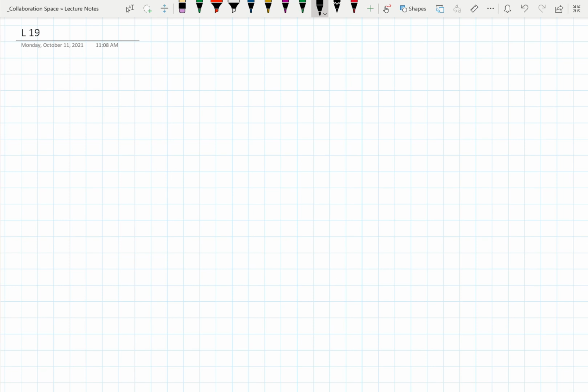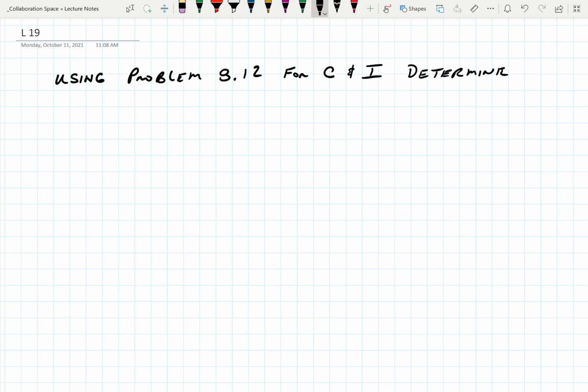If I can get my mask to stop fogging up my glasses so I could actually read what I'm writing. All right, so using problem 8.12 for C and I. Determine.